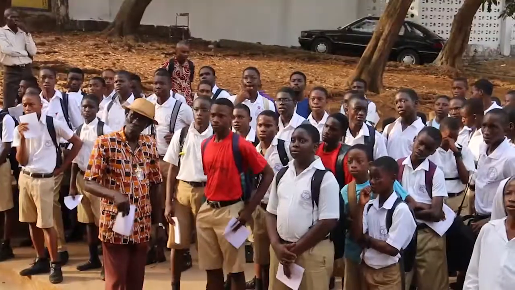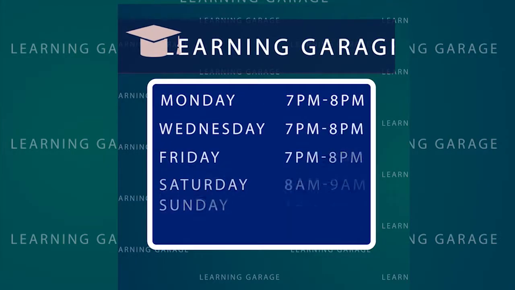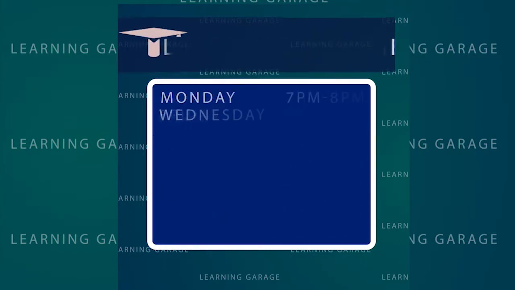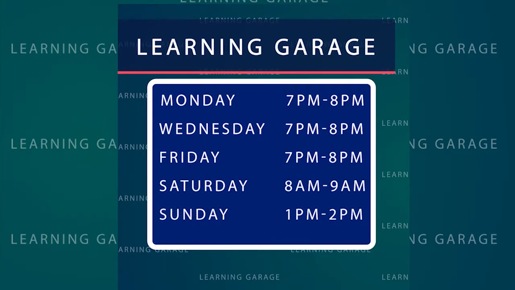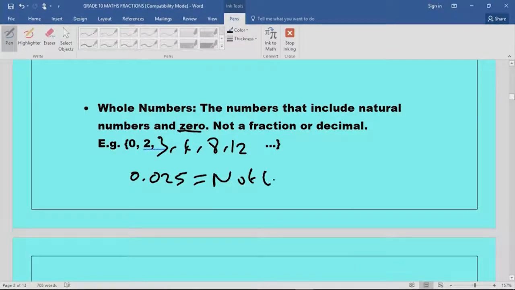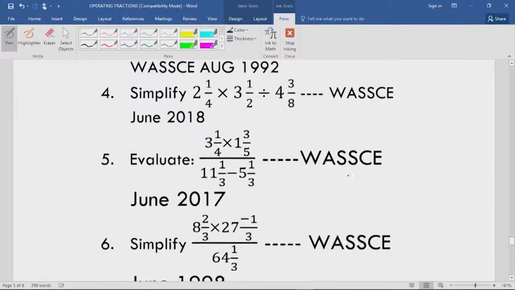To this solution, you all are invited, especially those facing WASC. Learning Garage comes to you on Mondays, Wednesdays, and Fridays from 7 p.m. to 8 p.m. Repeat broadcasts are screened on Saturdays from 7 a.m. to 8 a.m. and on Sundays from 1 p.m. to 2 p.m. Join host Ali Sonta Kamara and Babatunde Gaira Lamin on these days to make a world of difference. A fraction that has a numerator which is less than the denominator, we term it as a proper fraction.